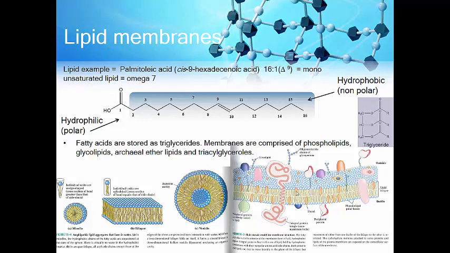So basically what we can take away from this lipid membrane structure is that the non-polar regions are in between the bilayer with the hydrophobic tails of the lipids, and the polar ones are on the outside. So if you've got a channel going through it, the channel would be non-polar, okay? And then the inside of the channel would be polar, so you can get the charged species going through if you've got an ion channel, for example.